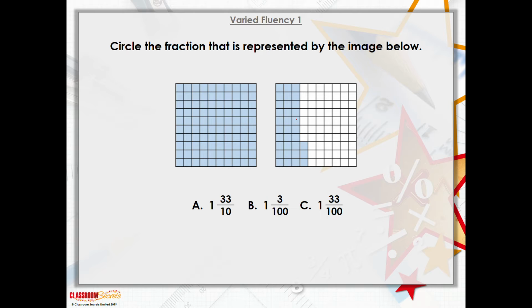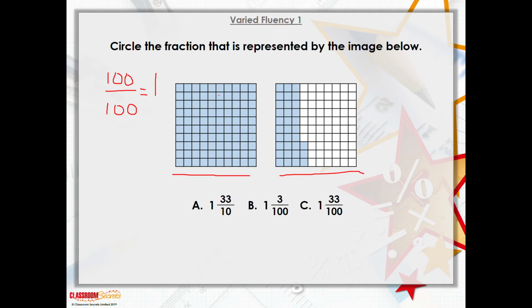Let's have a look at our first task. Circle the fraction that is represented by the image below. Now, both of these are 100 squares. If I have 100 hundredths, my numerator and my denominator are matching, so that is equivalent to 1.